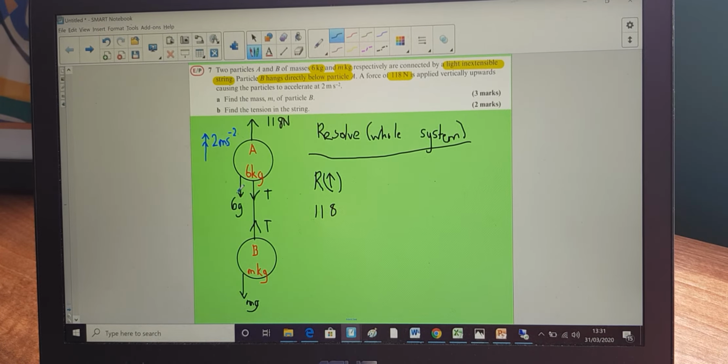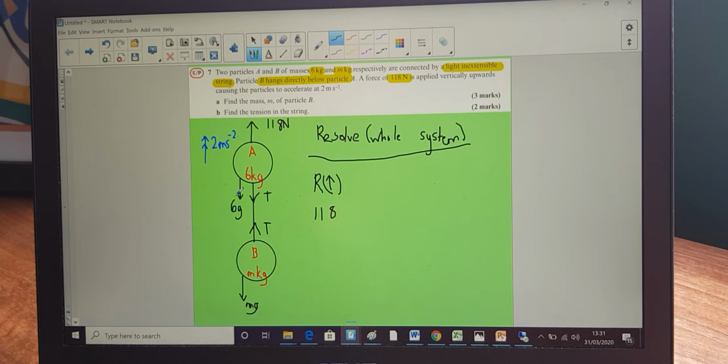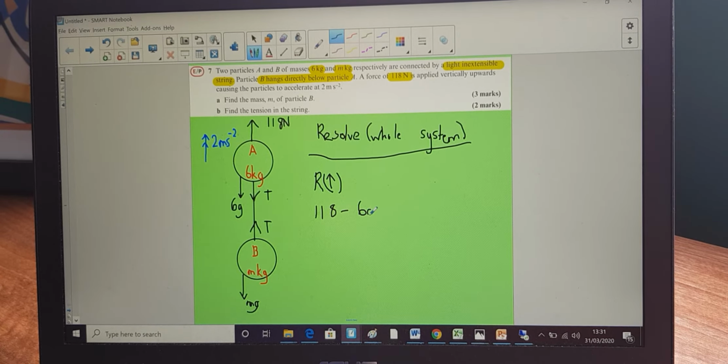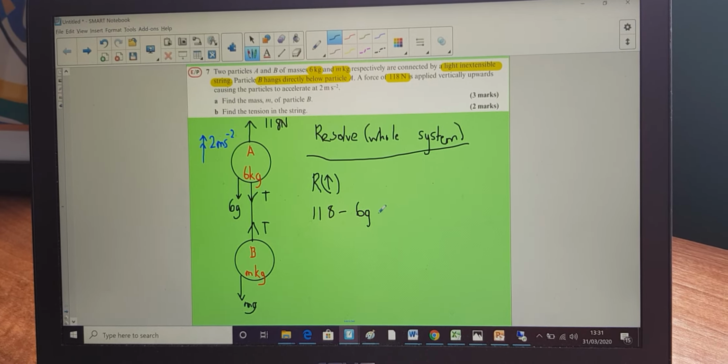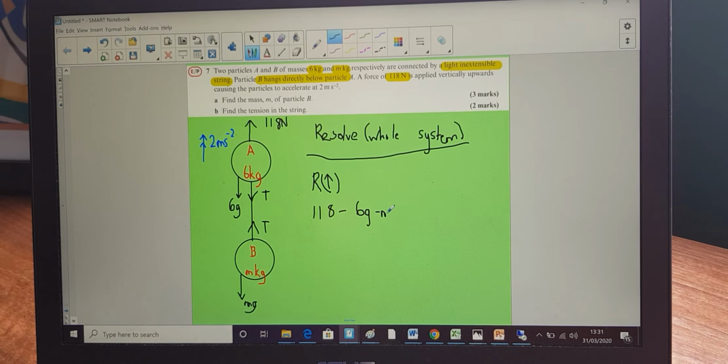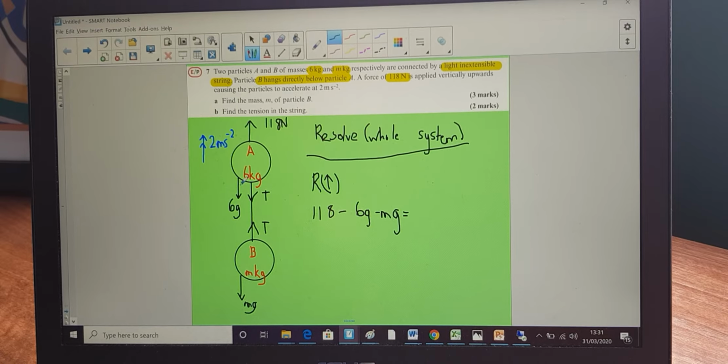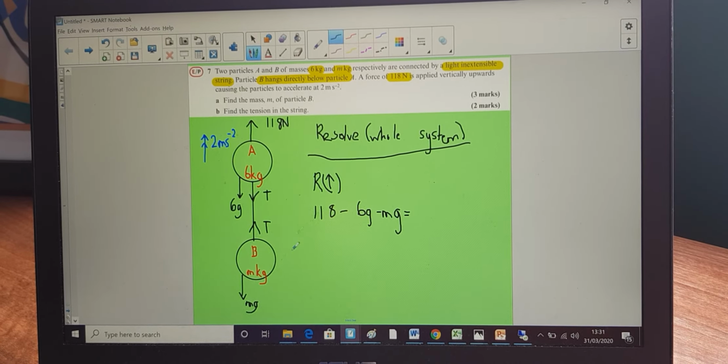In total, the things acting against it downwards are 6g and mg. I could, if I wanted to, put the tensions in there as well, but they're going to cancel out, so there's not much point in doing that.